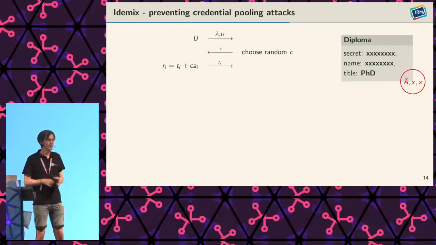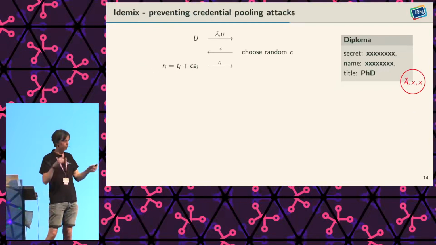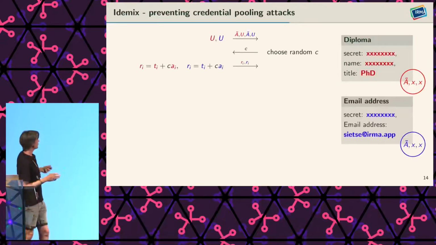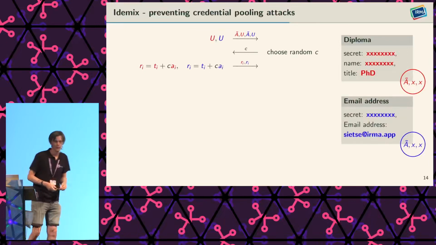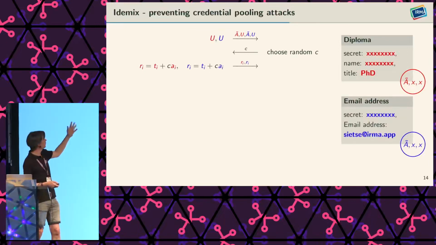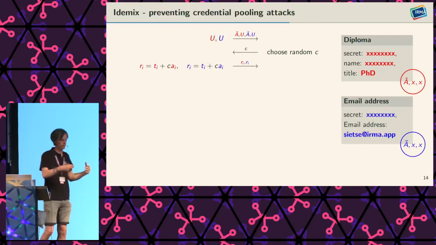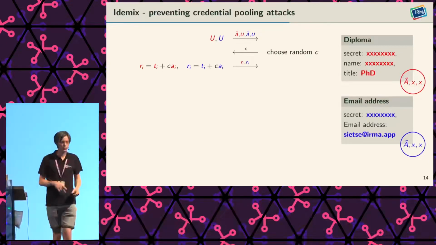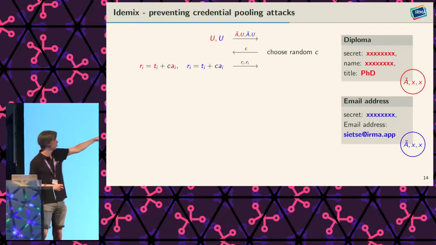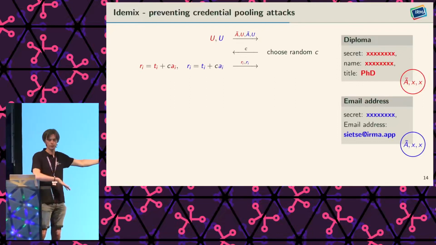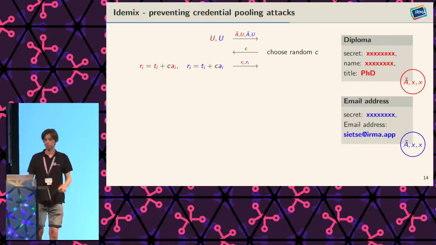The naive combination to expand that to multiple credentials would be basically just like this. We do the same thing, but for more credentials, where now I use red and blue to distinguish the ingredients of the different credentials. Suppose in this particular example that I want to disclose my own PhD title and actually my own email address, because it's my email address, so I should be able to do that.